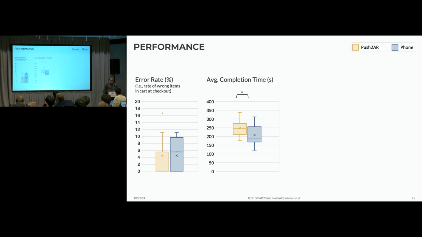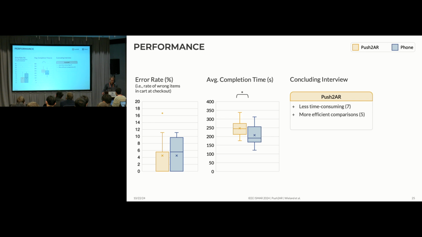Participants indicated that they perceived push-to-AR as less time-consuming and allowing for more efficient comparisons. On the contrary, the phone was perceived as being more error-prone and also time-consuming. While this probably indicates that the practical relevance of the difference in task completion time might be limited, we think that once participants get more familiar with AR, this difference will decrease substantially.